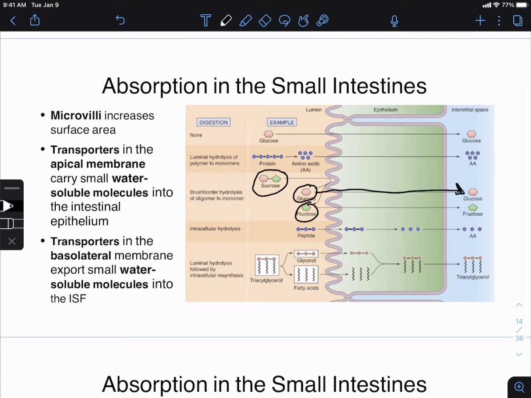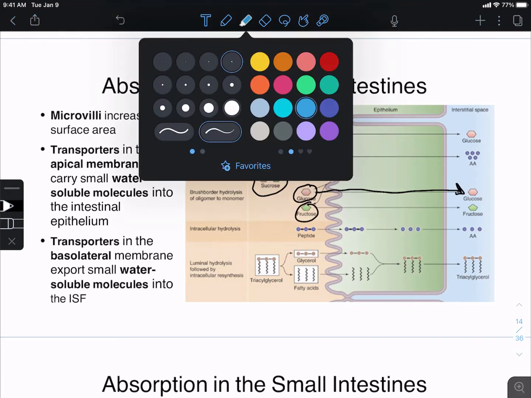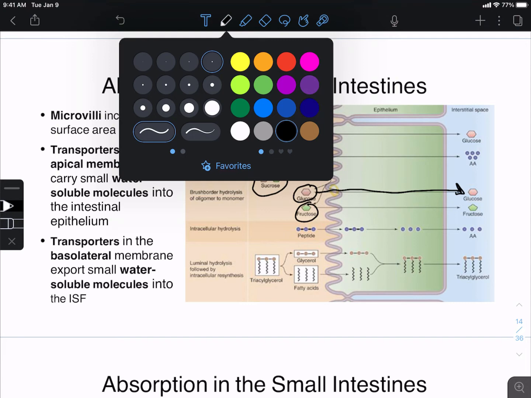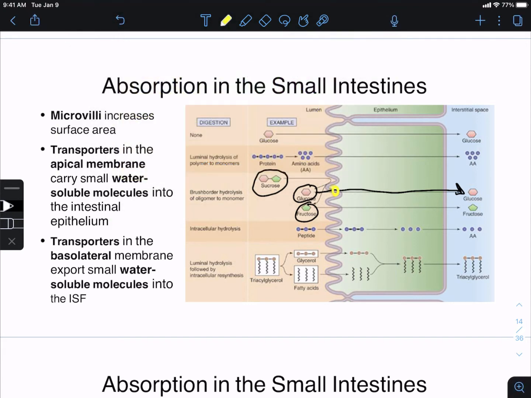And that would be through a series of transporters. I won't get the specifics for you, but there would be a glucose transporter right here, for example, and a fructose transporter right here, for example. And so we would bring the molecules into the cell, and we would export them out of the cell. Concentration gradient would matter quite a bit.